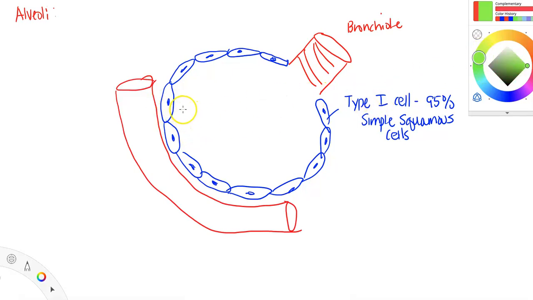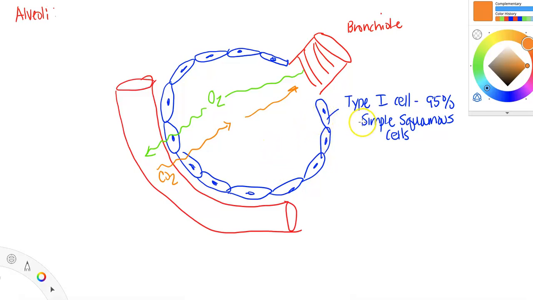So we have oxygen that comes in, and it will diffuse through this membrane here into the blood. And then carbon dioxide from the blood will diffuse across here to be breathed out. And that will go this way.